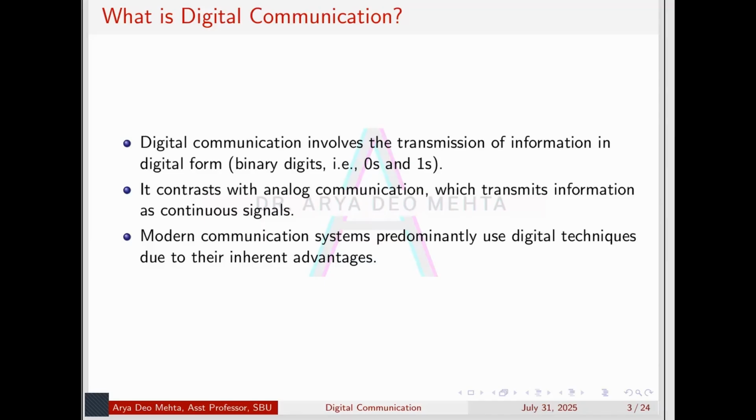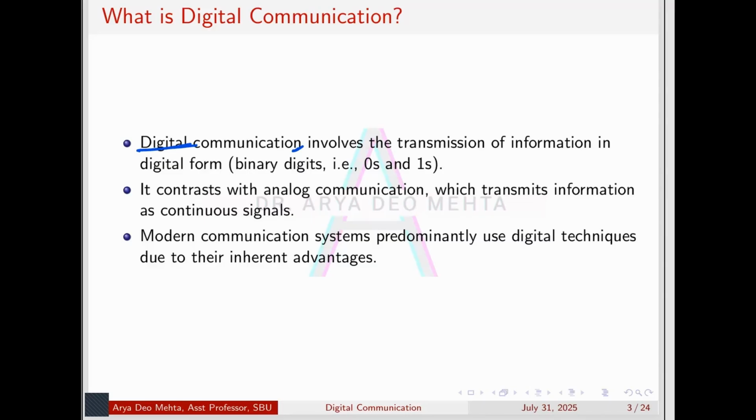What I am thinking I am able to deliver to you, and you are giving me feedback in another mode. In both processes, digital communication techniques are involved. We'll come to what digital communication is.